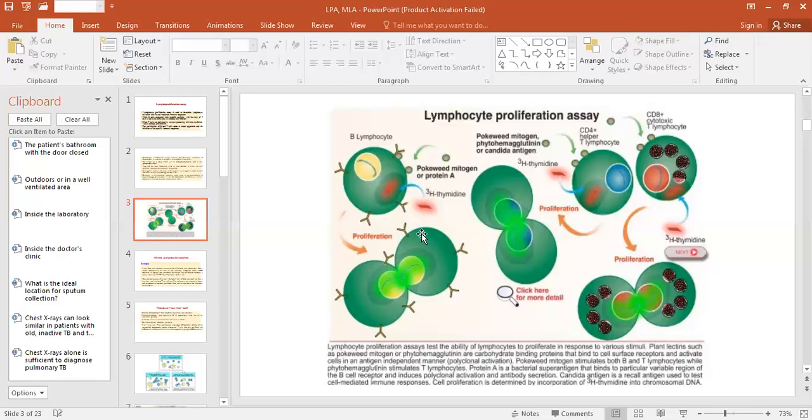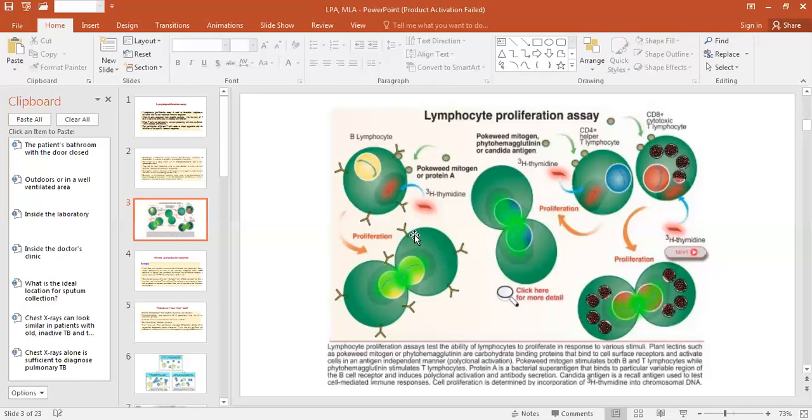The resulting purple insoluble product can be solubilized by using DMSO and can be quantified via colorimetric assay, the MTT assay. So MTT and tritiated thymidine incorporation are the two common methods that are used to measure proliferation of lymphocytes.